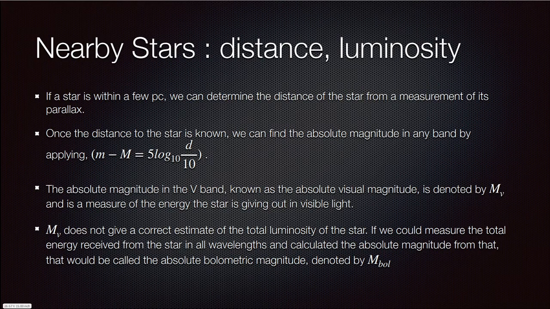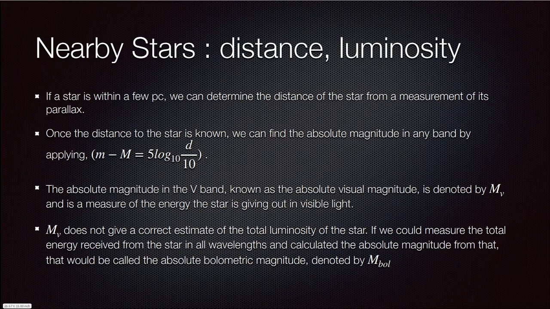Now the next is nearby stars, how we measure the distance and luminosity for nearby stars. If a star is within a few parsecs, we can determine its distance from parallax measurements. This method we did in our first lecture. Once the distance to the star is known, we can find the absolute magnitude in any band by applying the relation we did in the previous lecture.